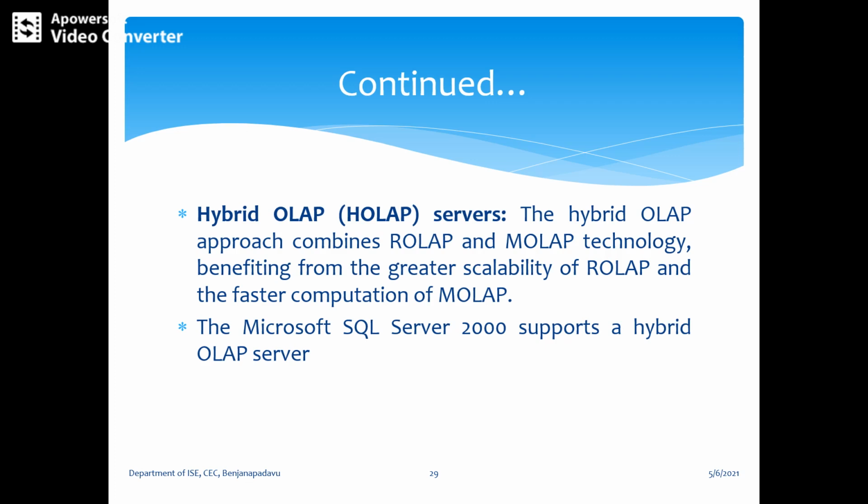For example, a HOLAP server may allow a large volume of detailed data to be stored in a relational database, while aggregations are kept in a separate MOLAP store. Microsoft SQL Server supports this hybrid OLAP server.